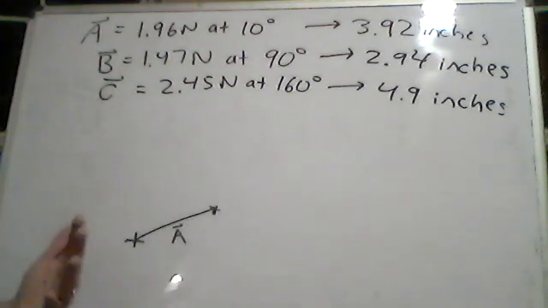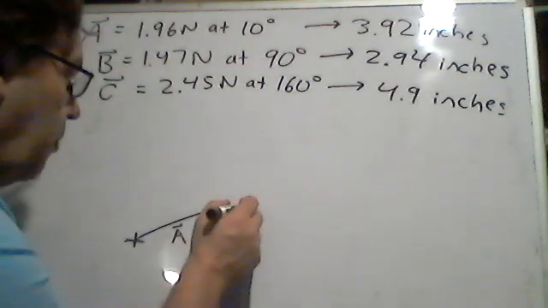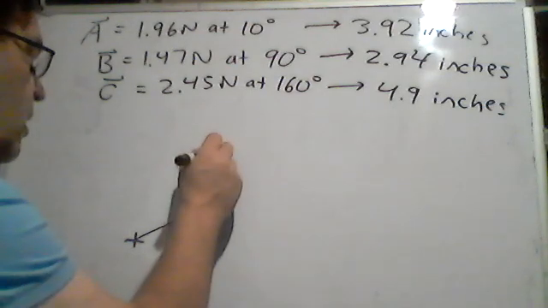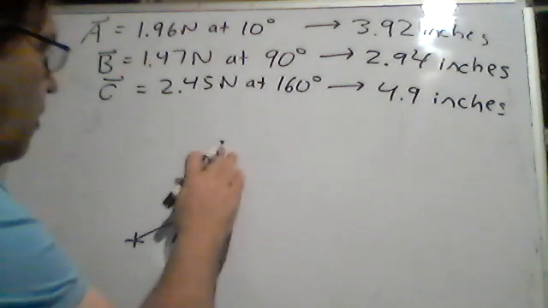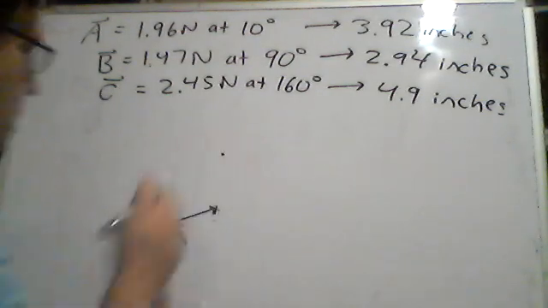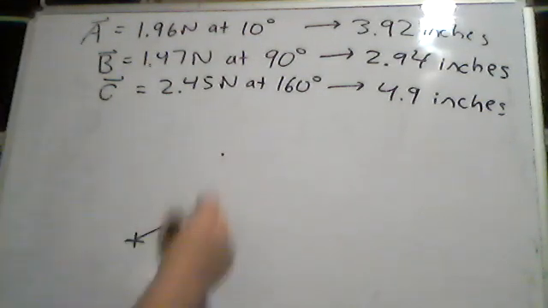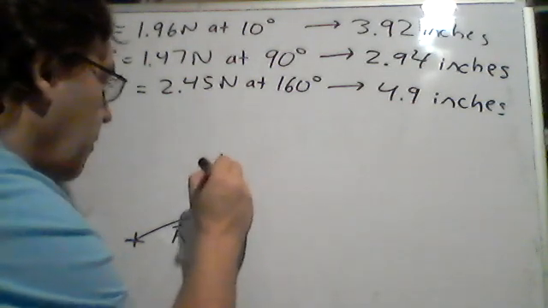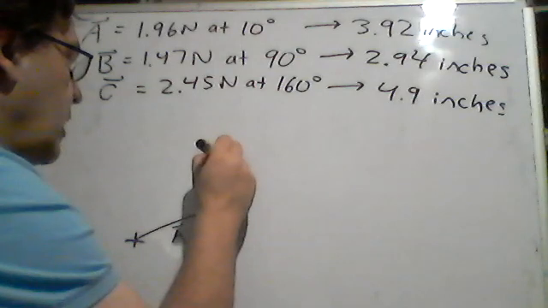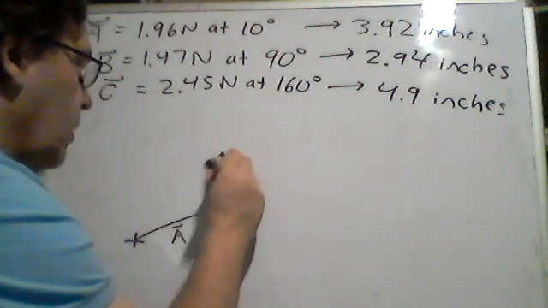You don't want to just eyeball it. You draw your little point there, and you take away your protractor. And again, let's see, this is not quite as long as 1.96, so I should see something look straight up. That is my B. Great.